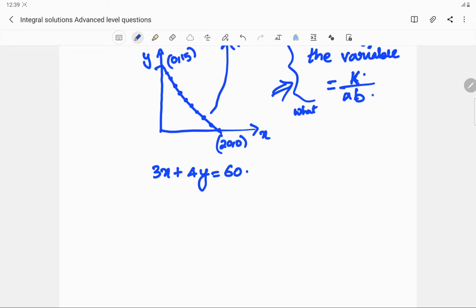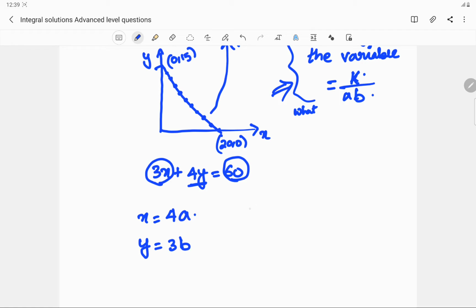So this particular portion, if you see, 3x is divisible by 4, 60 is divisible by 4, so 4y has to be divisible by 4. So I'll put x as 4a, and y, if you see here, this is divisible by 3, this is divisible by 3, this also should be divisible by 3. So I'll put y as 3 times b.